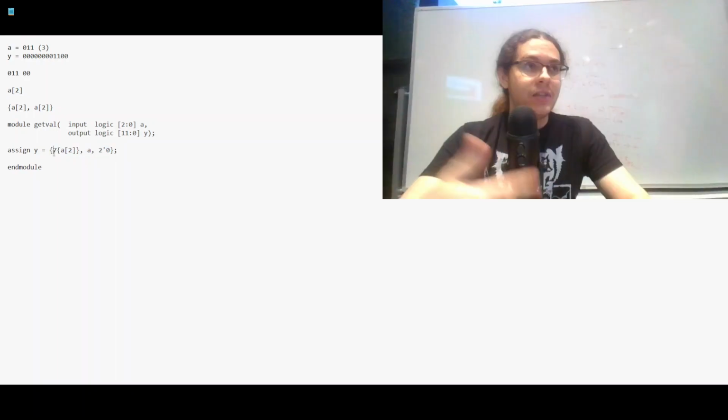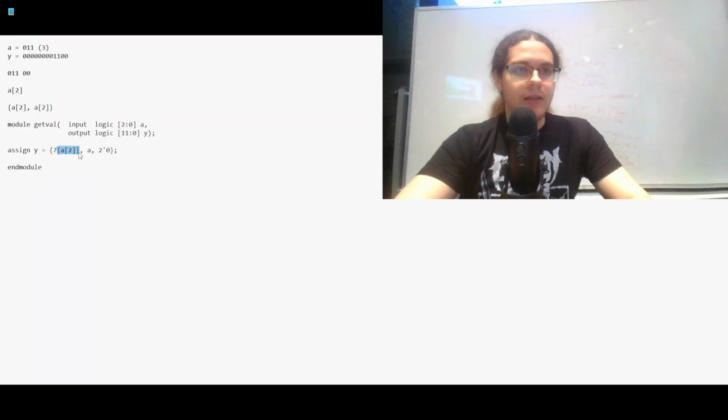When you repeat something multiple times, you have that number on the outside, and then you have the curly braces surrounding whatever it is you're trying to copy. What else? Oh, sorry, I made a mistake here. Got to have those extra curly braces on the outside of that. Okay, cool. That's pretty much it for that first part of the problem.